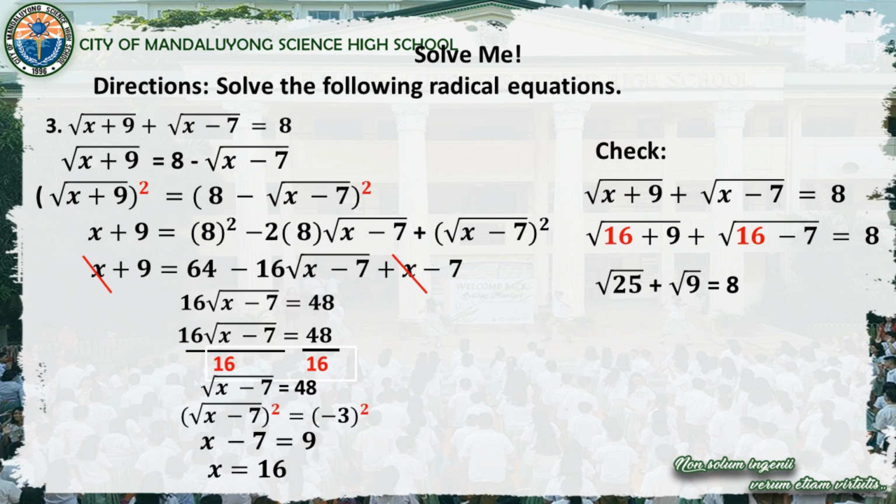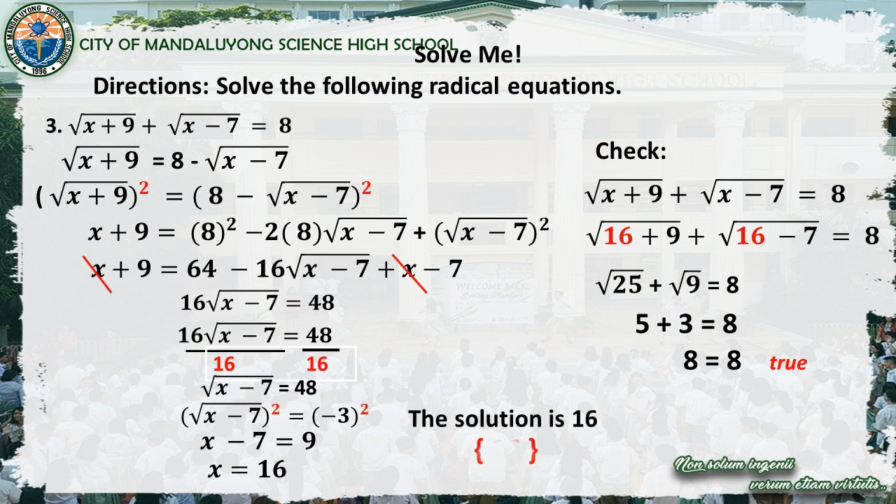And then getting their square roots, we have 5 plus 3 is equal to 8, and thus 8 is equal to 8. So again, it shows that the only number that satisfies or makes the equation true is 16, and this will be our solution.